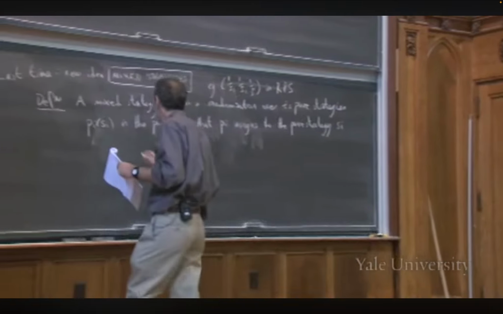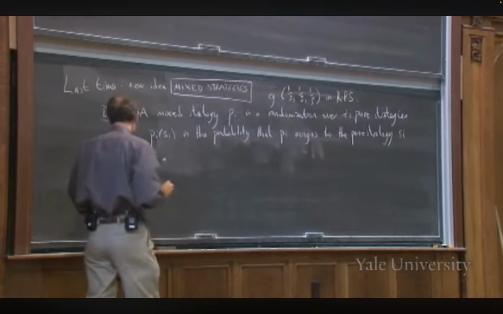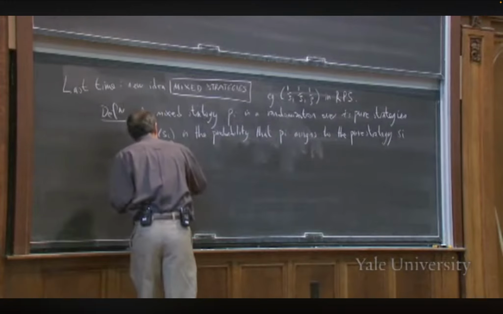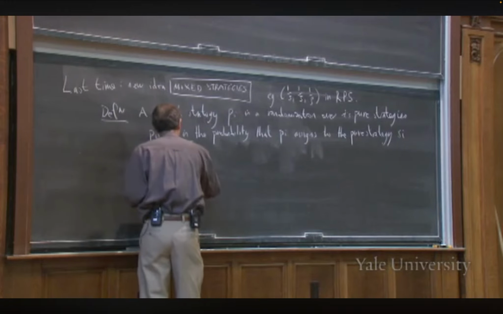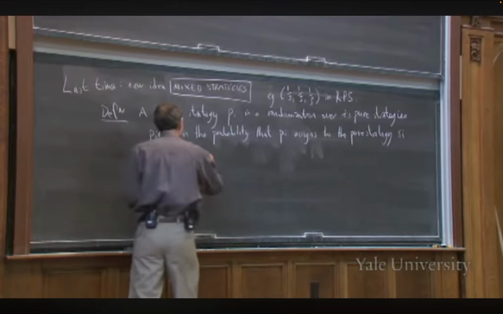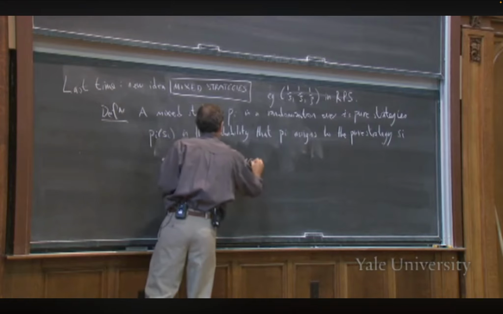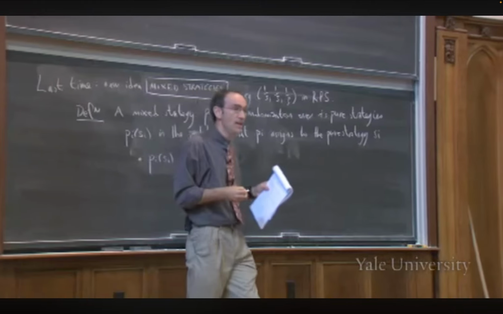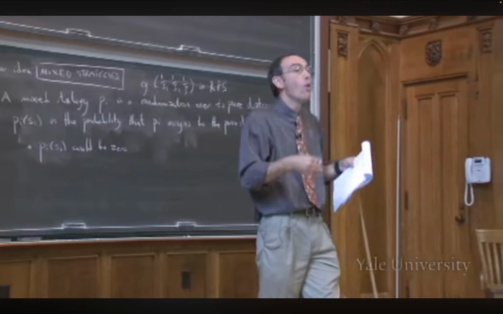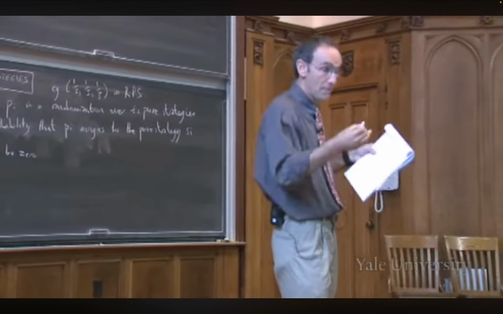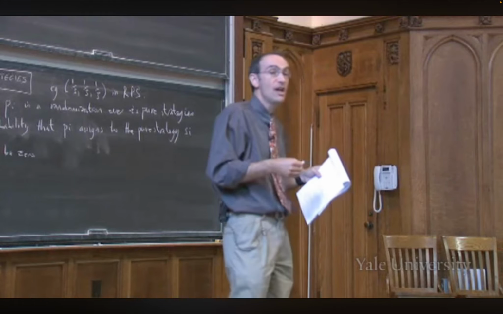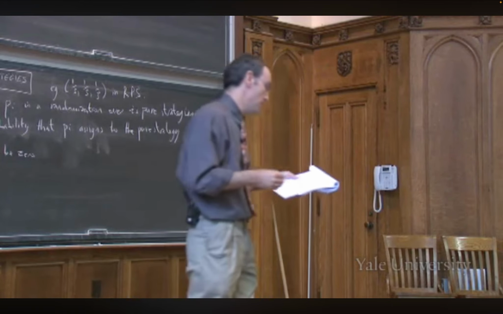All right, let's immediately encounter two things you might have questions about. The first is that in principle, P_i(s_i) could be 0. Just because I'm playing a mixed strategy, it doesn't mean I have to involve all of my strategies. I could be playing a mixed strategy on two of my strategies and leave the other one with 0 probability.